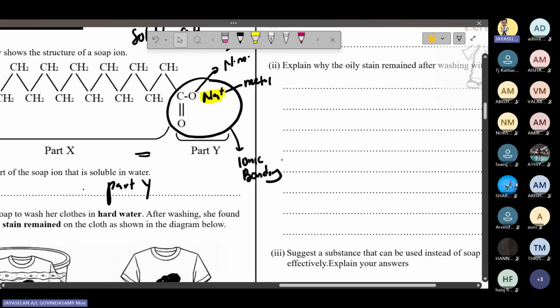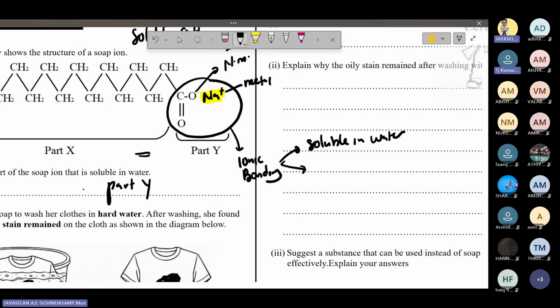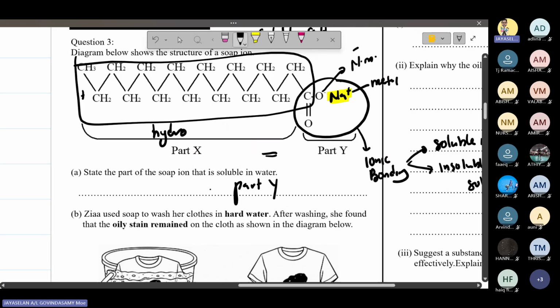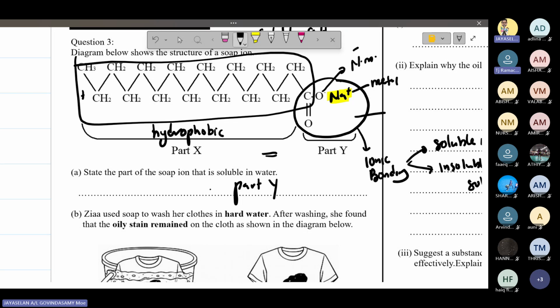Ionic compounds are soluble in water but insoluble in organic solvent. If you see this, it is the tail region. The tail region is called what region? Hydrophobic region. The head is known as what region? Hydrophilic region. Understand?